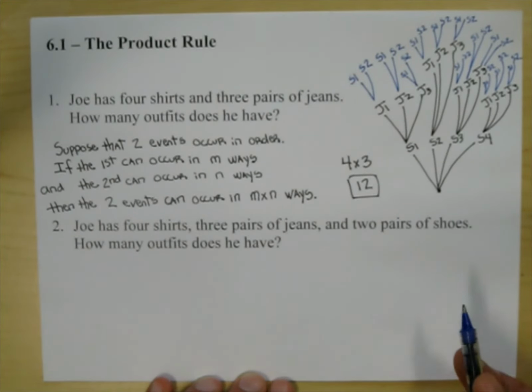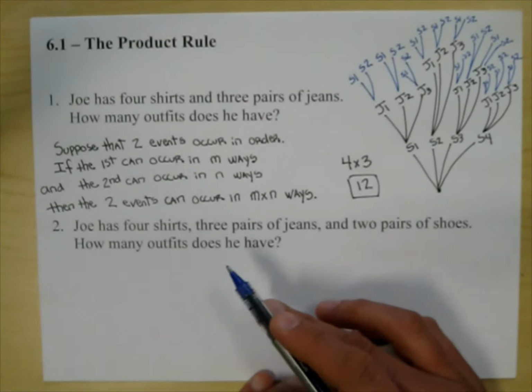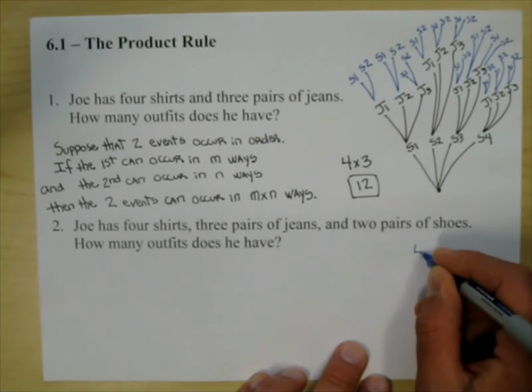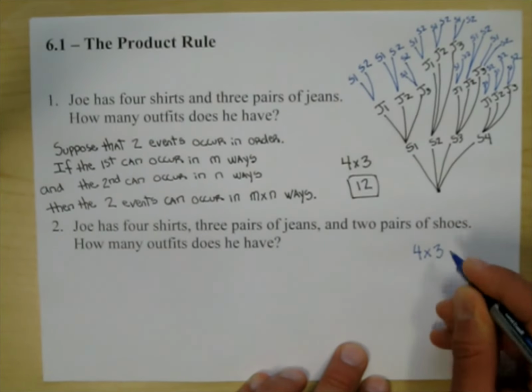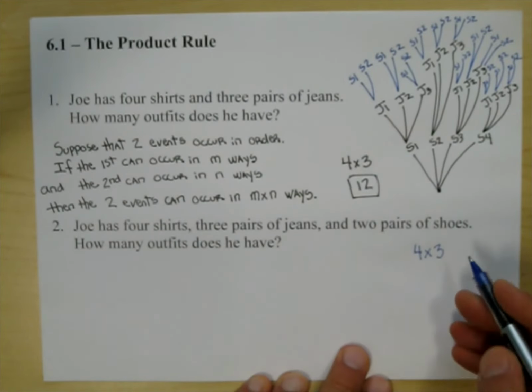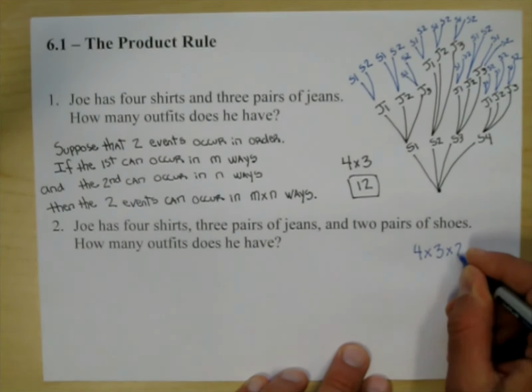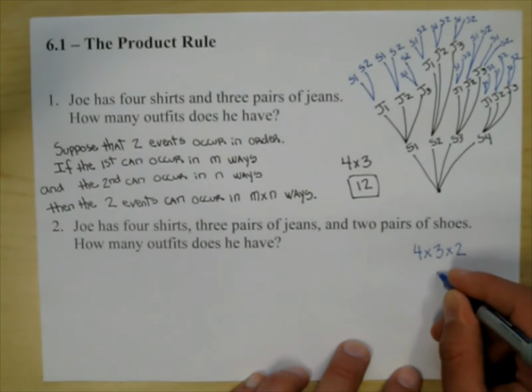I'm not going to get 2 left shoes. So we have 4 times 3, and then this is going to be times 2. So that's 12 times 2, which is 24.